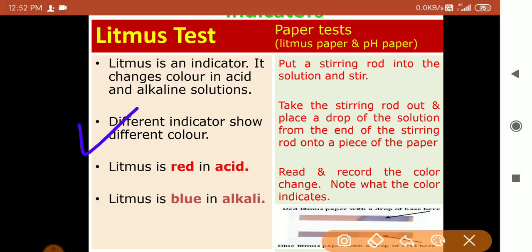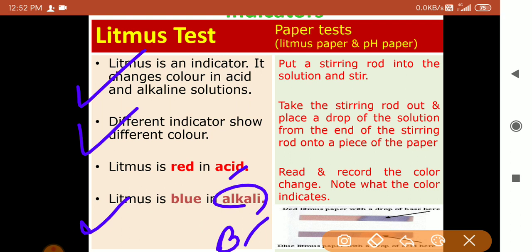Litmus is red in acid, and blue in base. Alkali means base. So in acidic solution blue litmus turns red, and in basic solution red litmus turns blue. That's important, you should remember that.